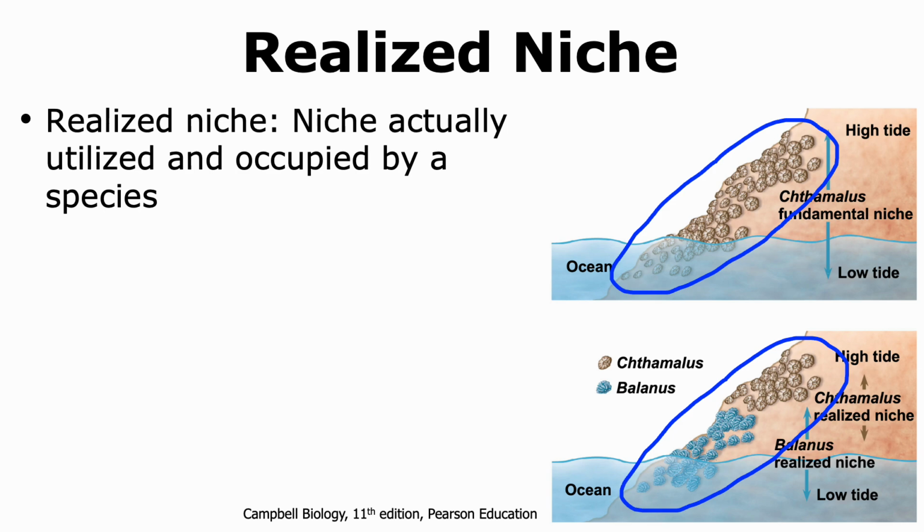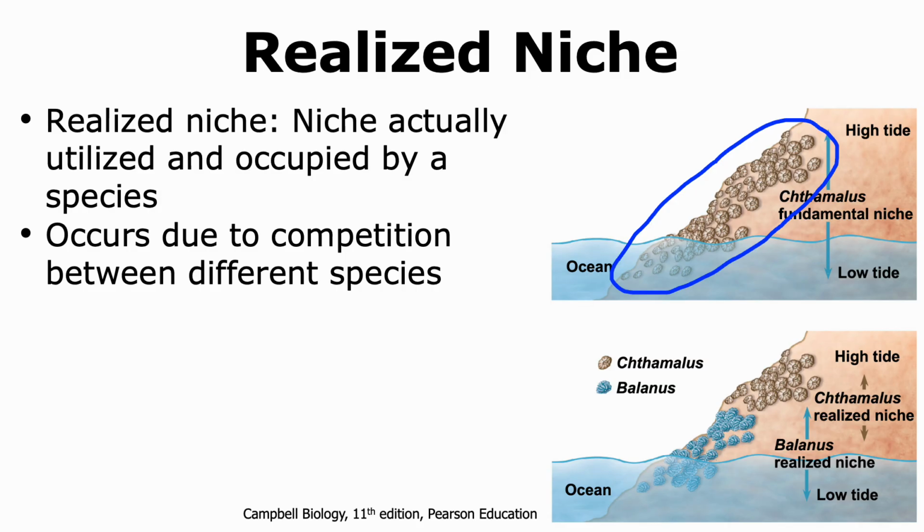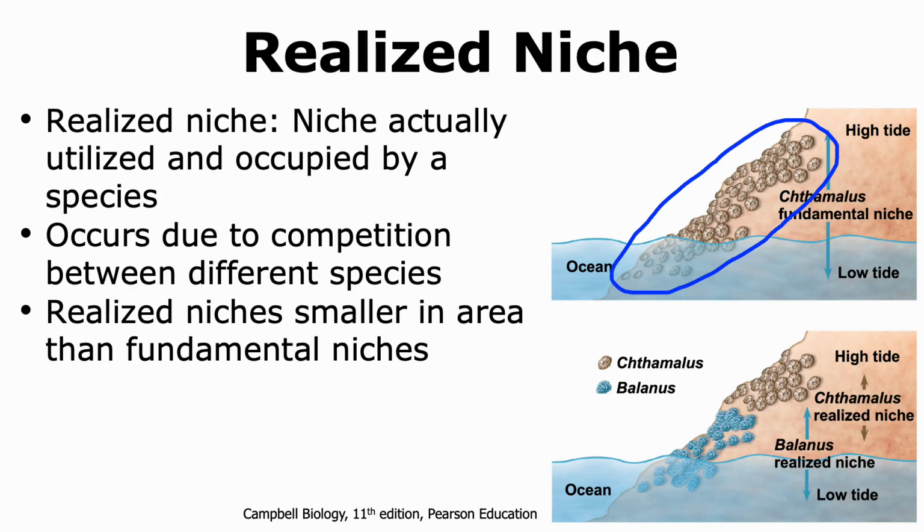In such situations, Thamylus occupies the region that's in the high tide area, while Balanus occupies the region that is in the low tide area. Thus, the realized niche for Thamylus is different than the fundamental niche. This usually occurs due to competition between different species. It should be remembered that realized niches are always smaller in area than fundamental niches.